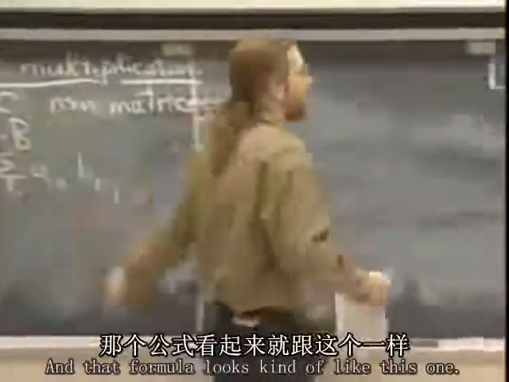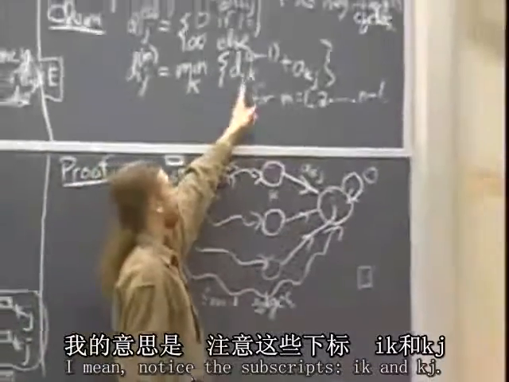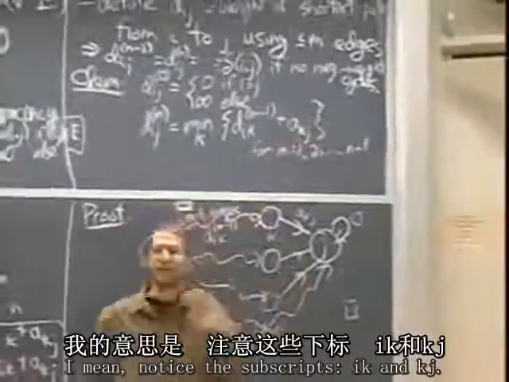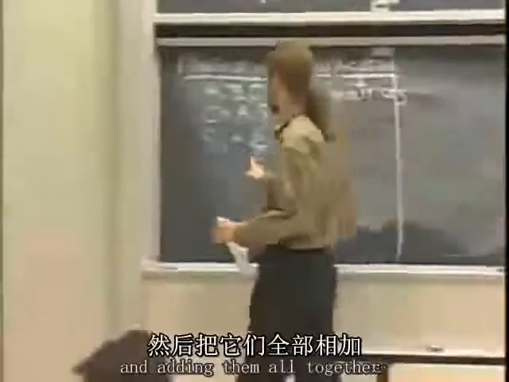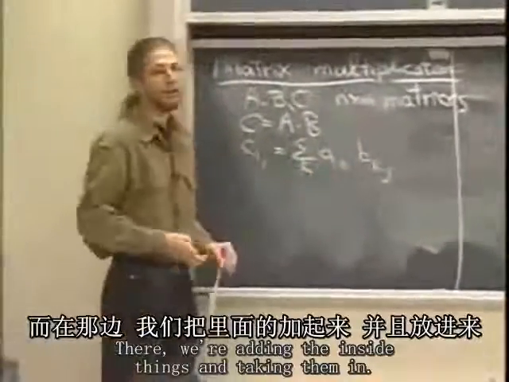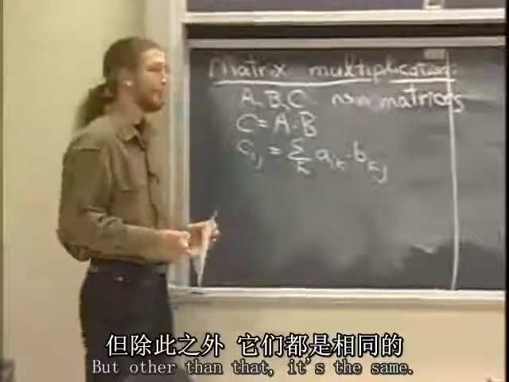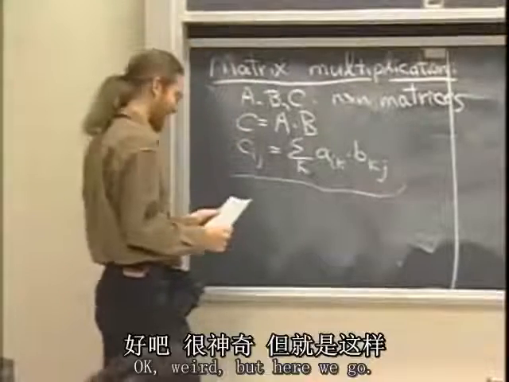And that formula looks kind of like this one. I mean, notice the subscripts, ik and kj. Now, the operators are a little different. Here we're multiplying the inside things and adding them all together. There we're adding the inside things and taking the min. But other than that, it's the same. Okay, weird, but here we go.